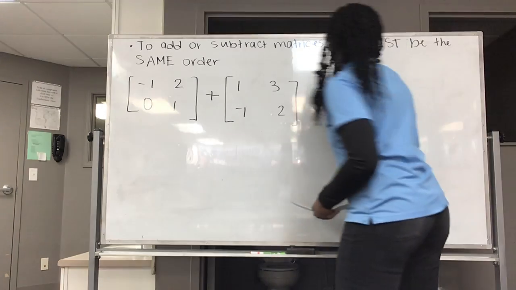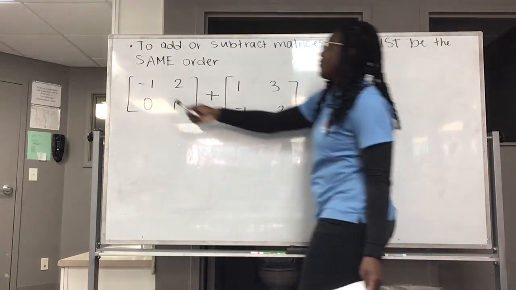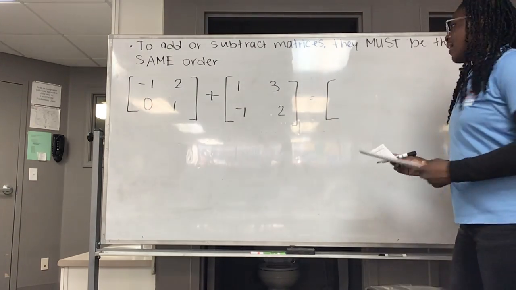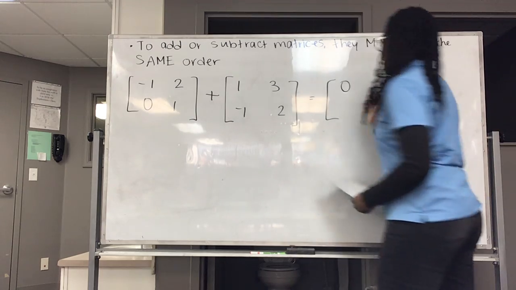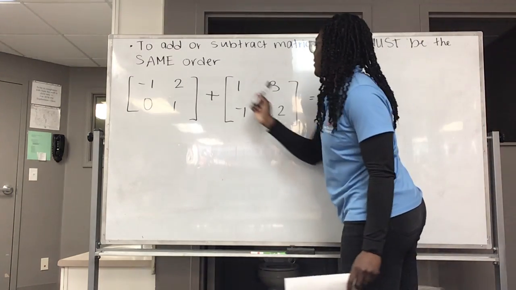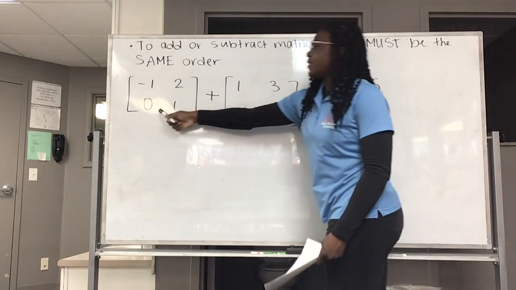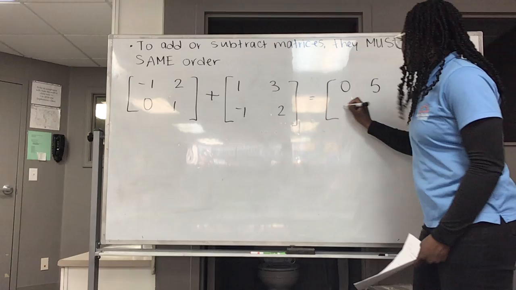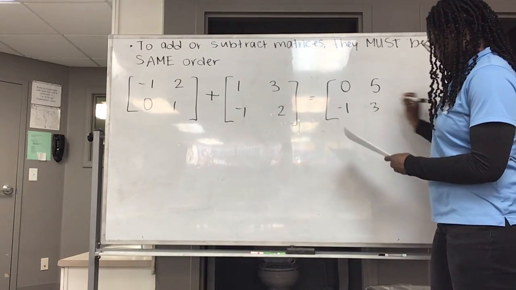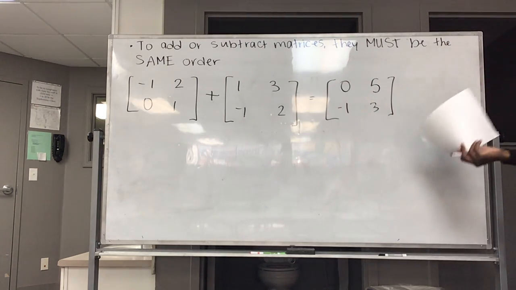So to add them, you just add the corresponding numbers. I'm going to add my top left ones first. So I'd add -1 and 1 together, that would be equal to 0. So I put that in the same spot where both of those numbers were. 2 and 3 I'll add together to get 5. 0 and -1 I'll add to get -1. And then 1 and 2 I'll add to get 3. So that would be the answer if I were to add those two matrices.